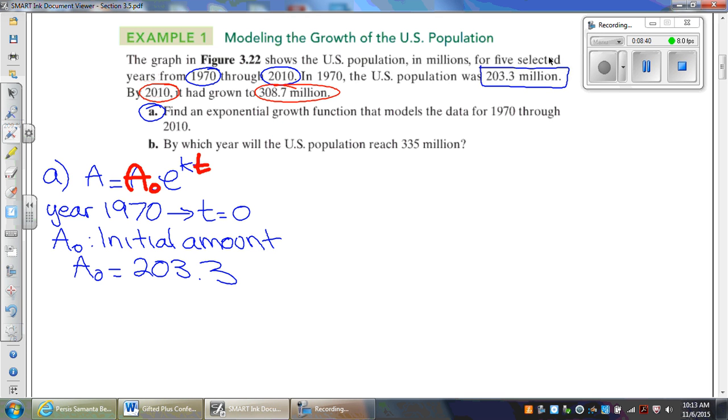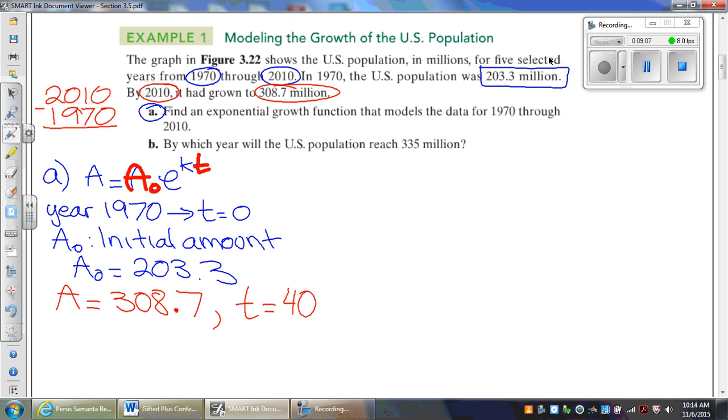So we're going to make our final amount equal to 308.7, but with that final amount, the time will equal 40. And why do we use 40? Because 40 is the difference between the years 2010 and 1970. If you subtract that, you get 40. So that is why t equals 40.